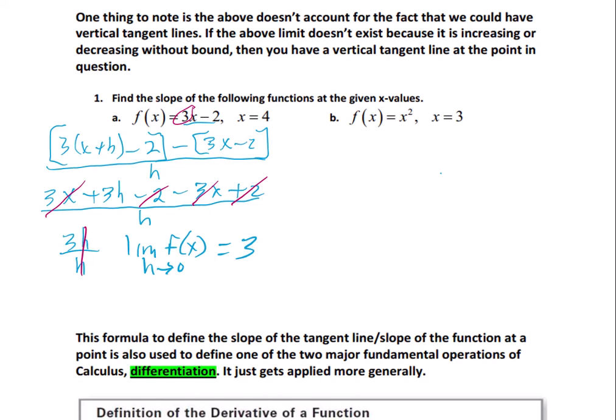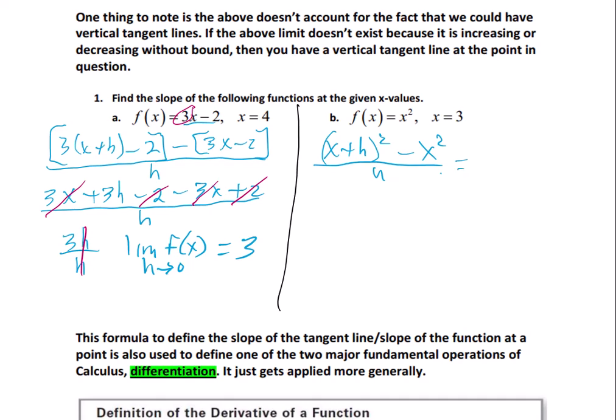Now notice that might not be the case over here because we've got in part B f of x is x squared, not a straight line. That means that the points along that curve, the slope is going to be changing constantly. So let's go through this. My function is x squared, so I put x plus h squared, there's my y2, minus x squared over h.